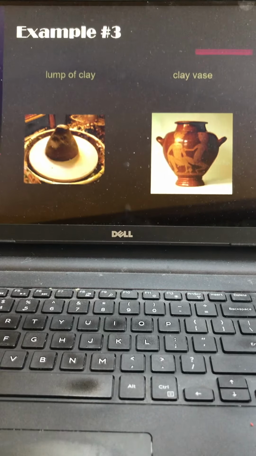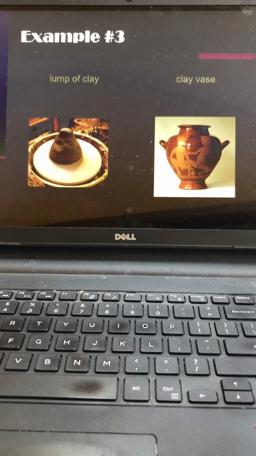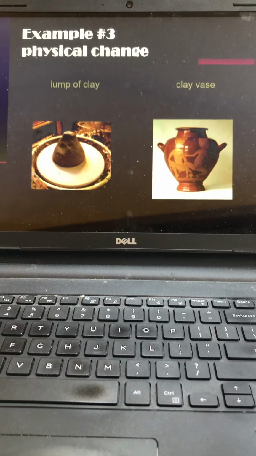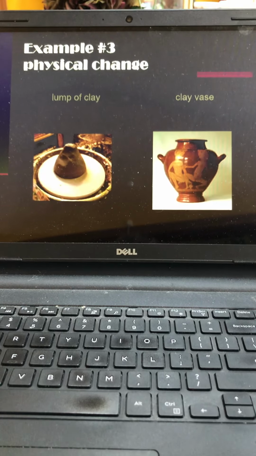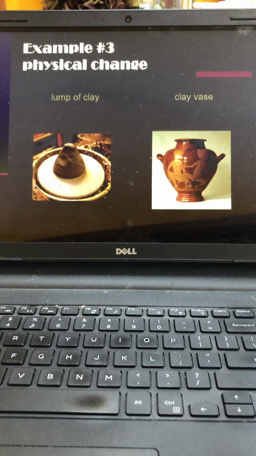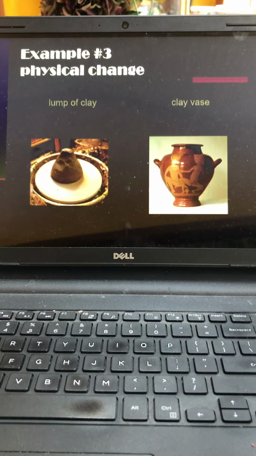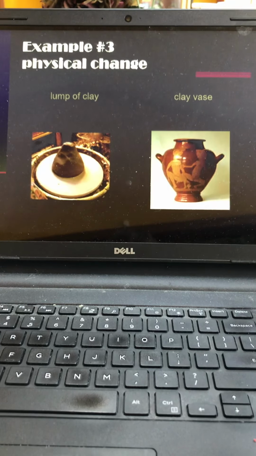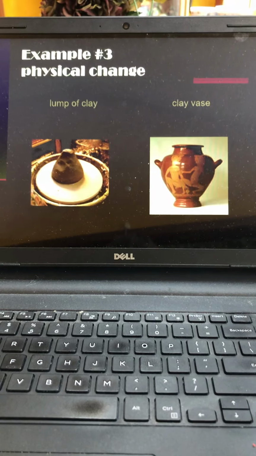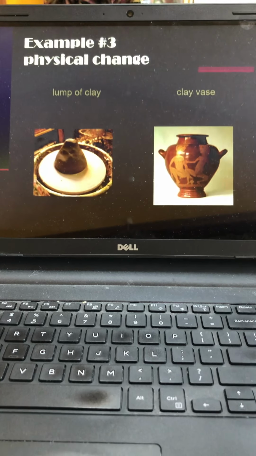The example here, a lump of clay to a clay vase, would be a physical change. I could then take that lump of clay that I've turned into a clay vase and I could turn it into a sculpture of somebody's head. Or I could turn it into a bowl or whatever.